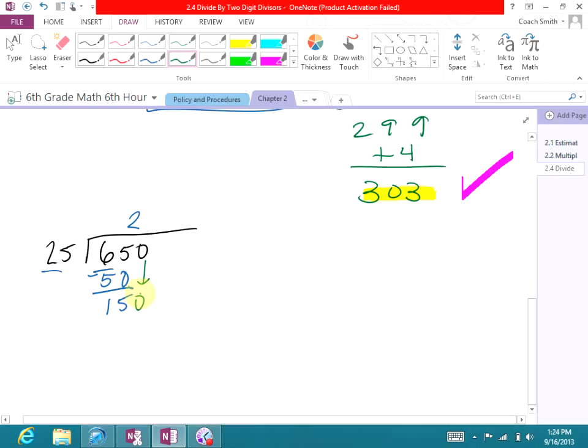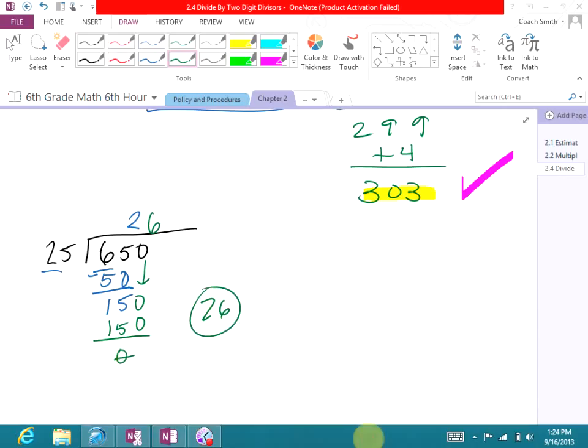25 goes into 150. Judah, 6 times. And that would be 150. Remainder 0. So this is one that obviously doesn't have a remainder. So I just put 26.